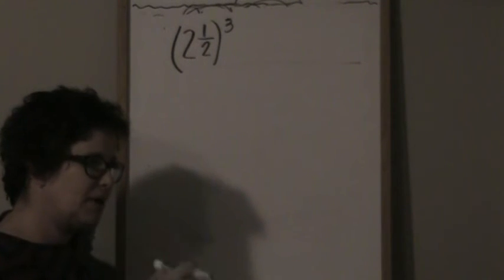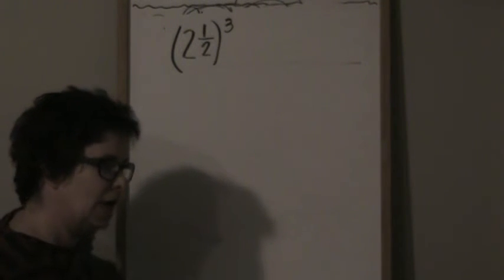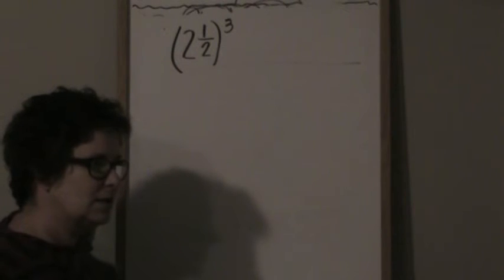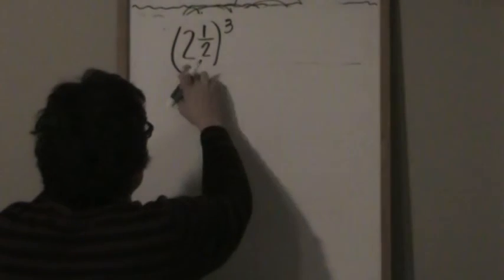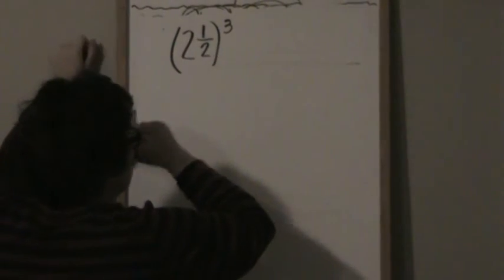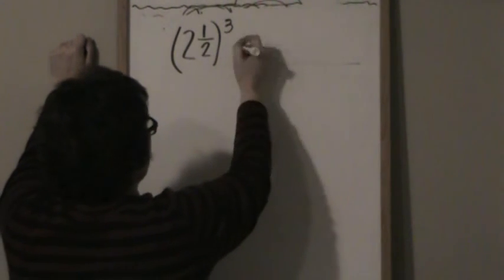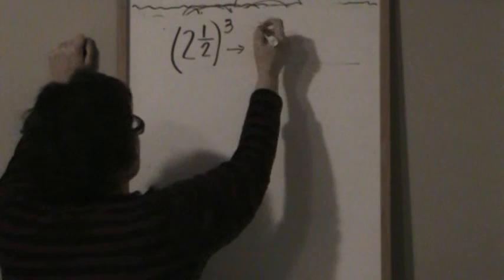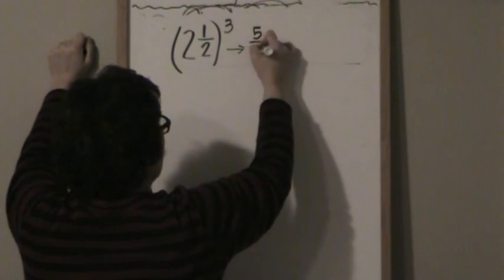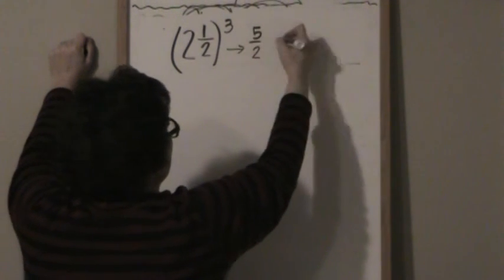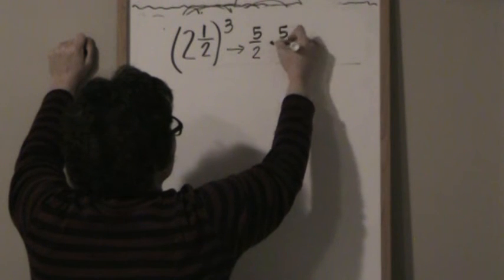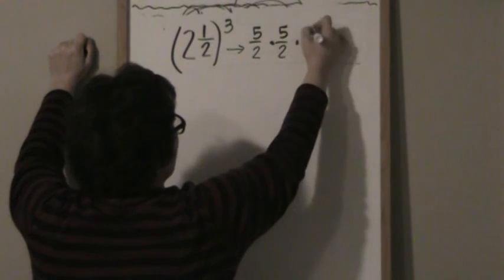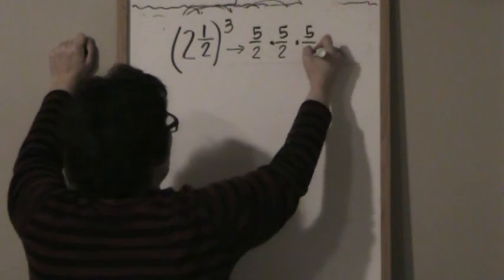When I multiply fractions, I need to get an improper fraction out of this. So to make this an improper fraction, 2 times 2 is 4, plus 1 is 5. So that's going to be 5 over 2 times 5 over 2 times 5 over 2.